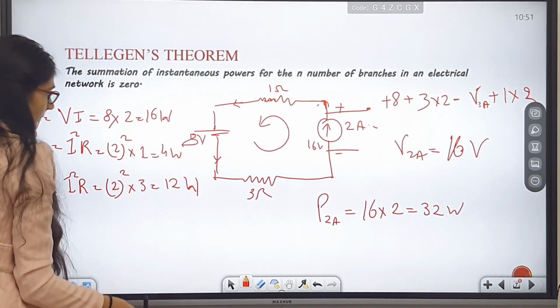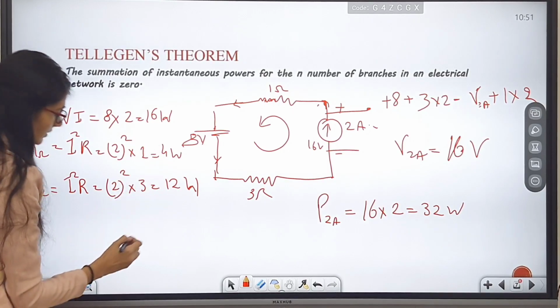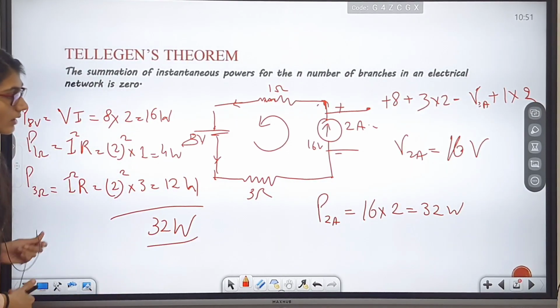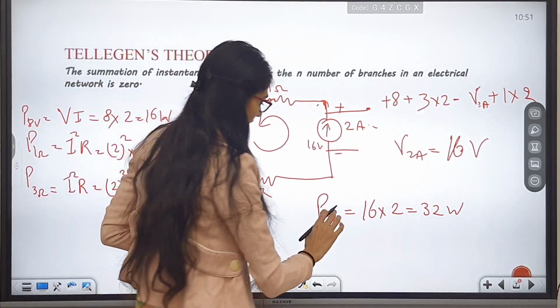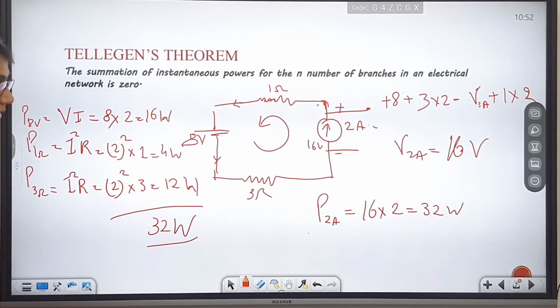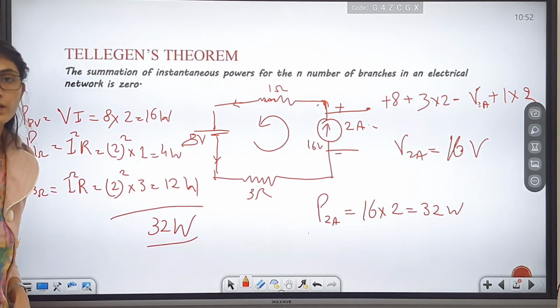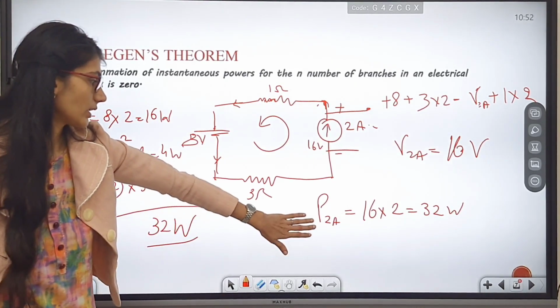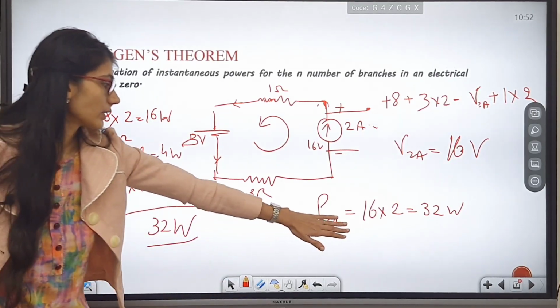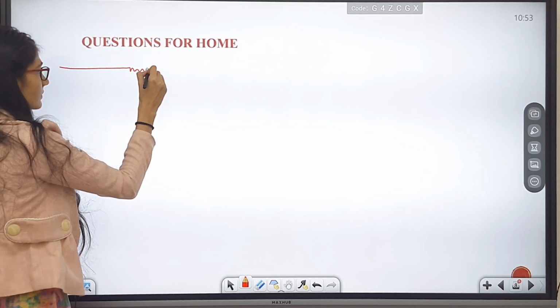So add them up: 12 plus 4, 16, 16 plus 16, 32 watt. And here P2A, the power of the 2 ampere current source, is 32 watt. They are equal. It means it is delivering the energy and they are absorbing it.